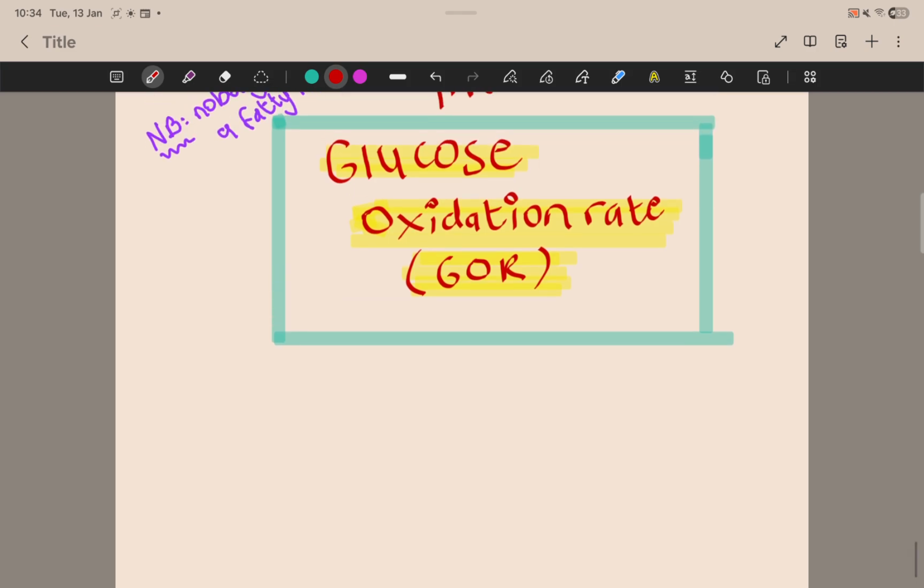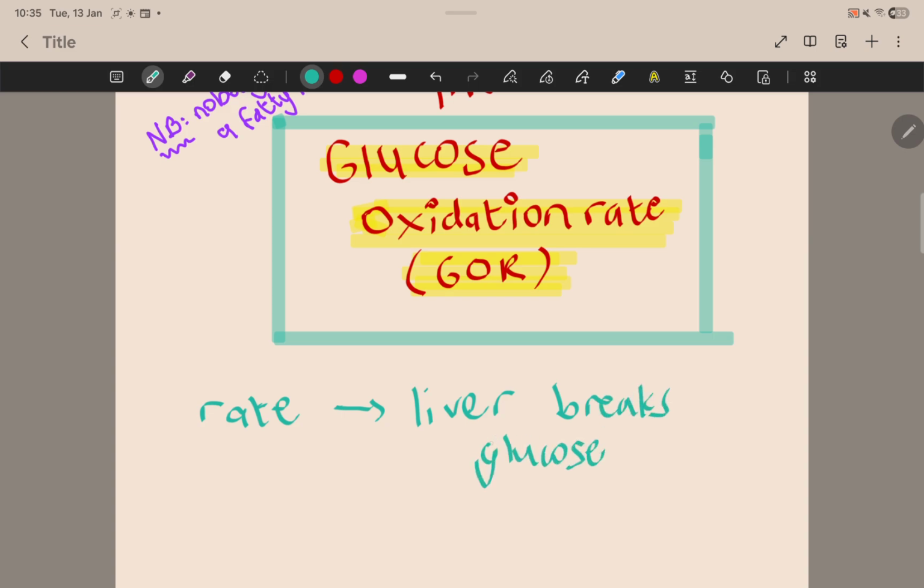It's in the name, right? It is the rate at which the liver breaks down glucose. That's the meaning of oxidation.